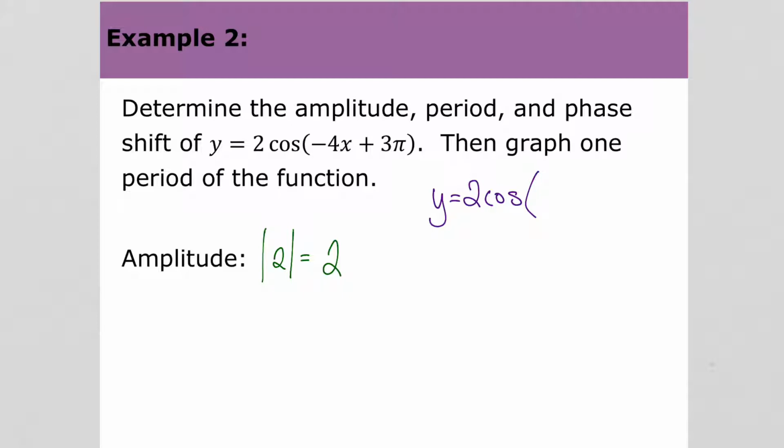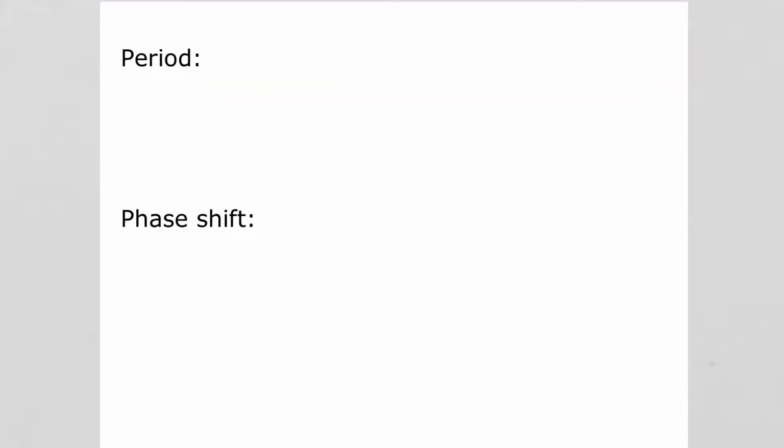If we multiply through by a negative, then negative 4x plus 3 pi is the same thing as 4x minus 3 pi. That's going to make things easier for us to talk about. Okay, now, so our period is 2 pi over B, which is 4.